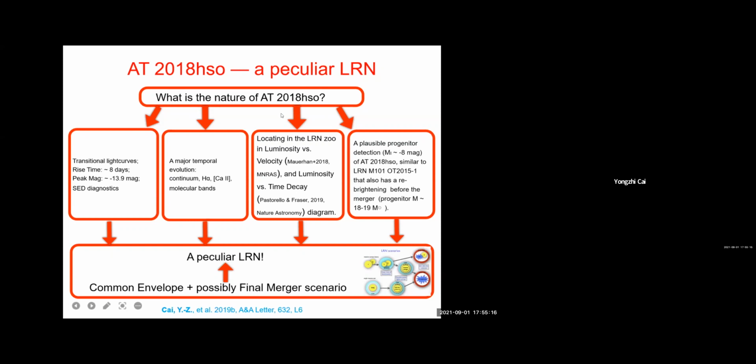The parameters of HSO are located in the luminous red nova region in both diagrams. From the progenitor detection, there is a luminous progenitor, which is similar to another luminous nova in M101. Combining all of them, this object should be a peculiar luminous nova, originating from a common envelope plus a possible final merger scenario.